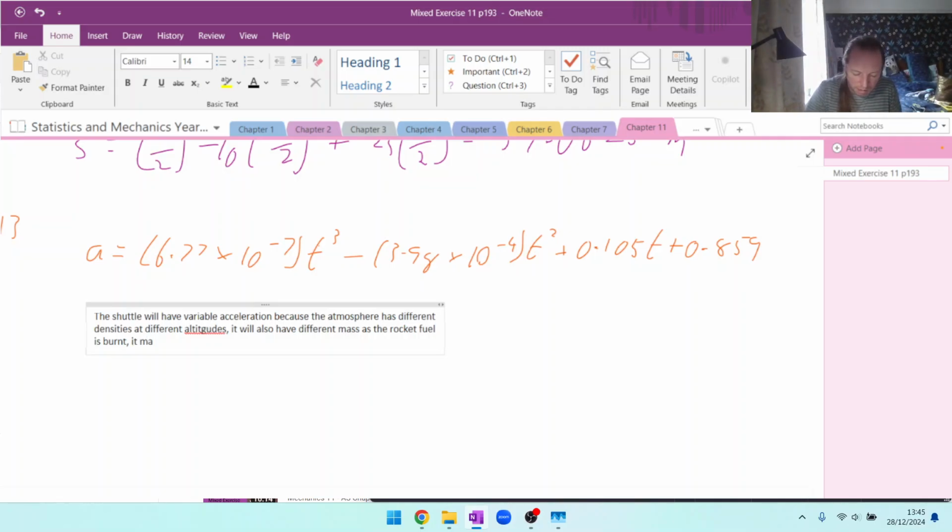It may also lose mass due to separation of rocket modules. How's that seem? Okay.